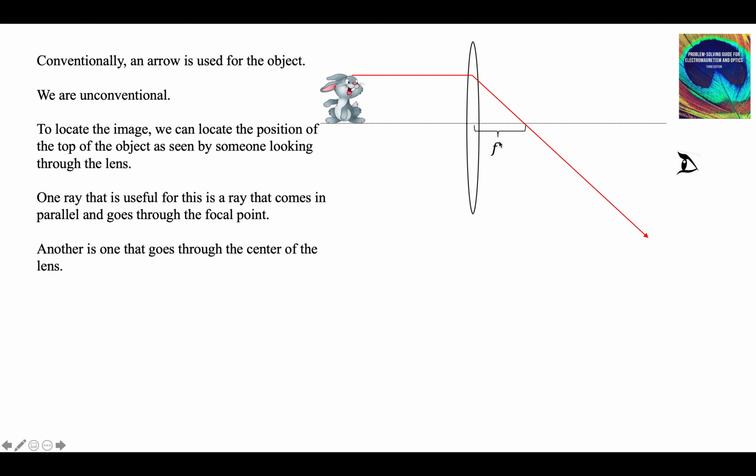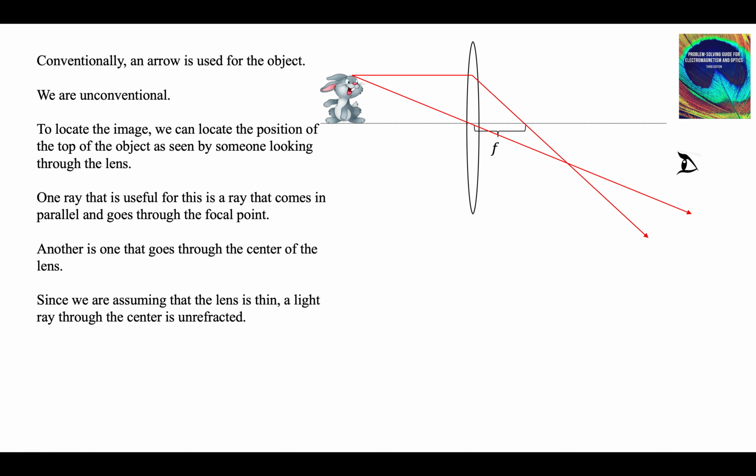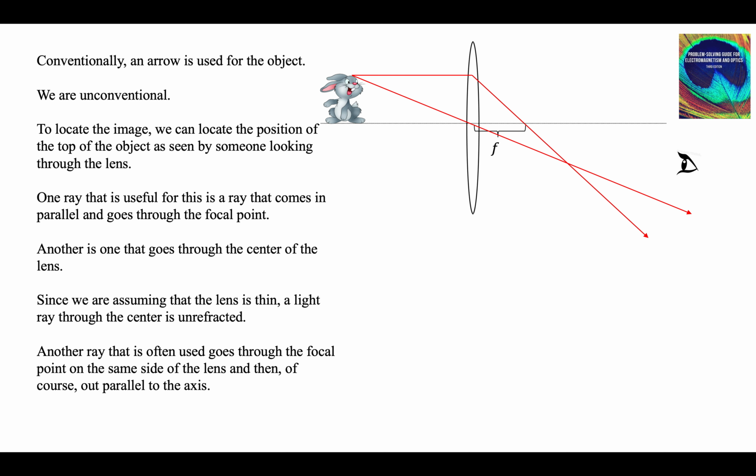Right through the center of the lens. That one is straight because we assume the lens is thin. It's the thin lens equation. Right through the center of the lens is easy. It's a straight line. Get a ruler. Another ray that's often used is in through the focal point on the other side and then out parallel.